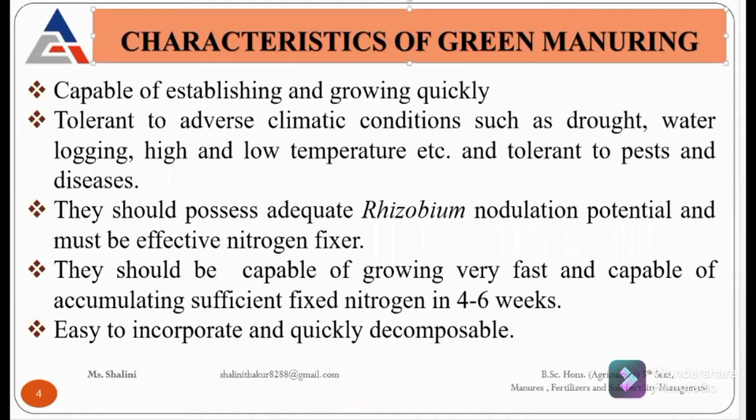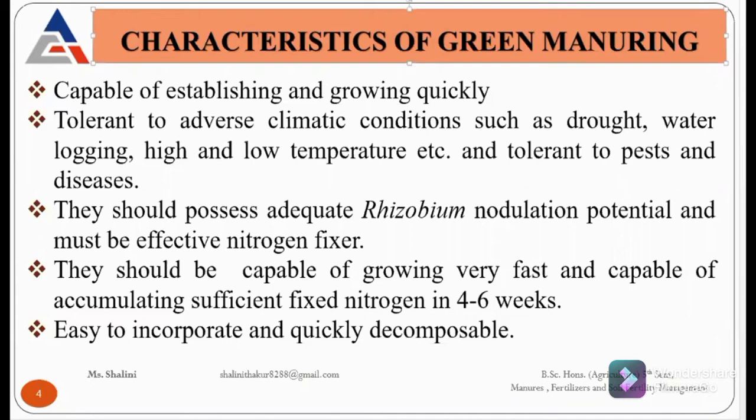Next point is they should be capable of growing very fast, and they can supply fixed nitrogen in 4 to 6 weeks. Fixation means they convert the inorganic nitrogen so that the plants take it easily.